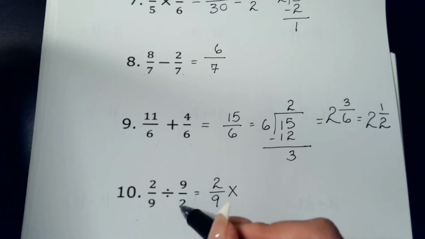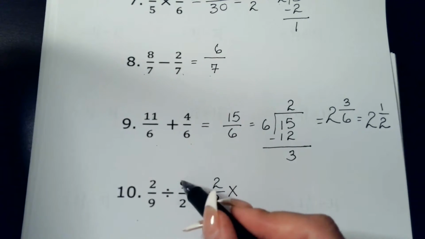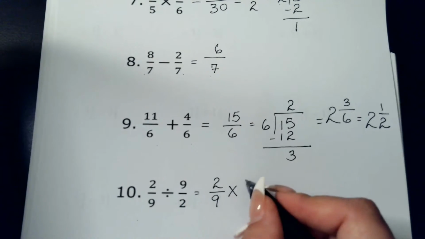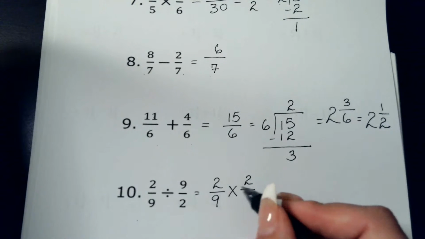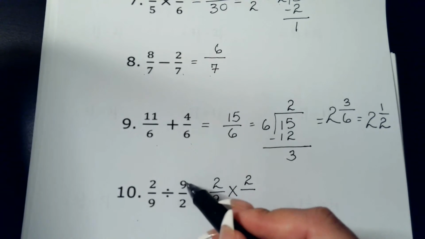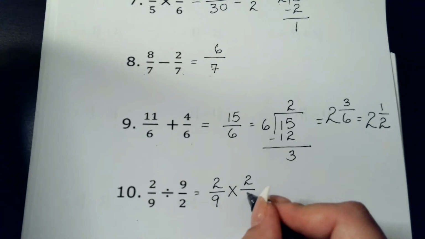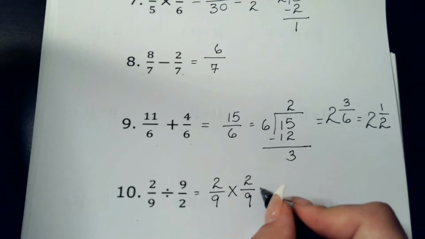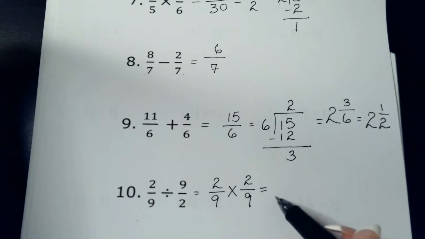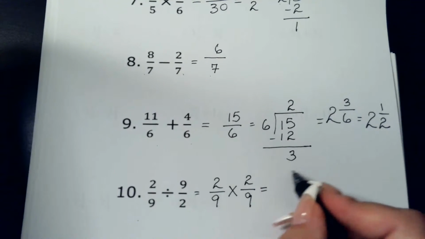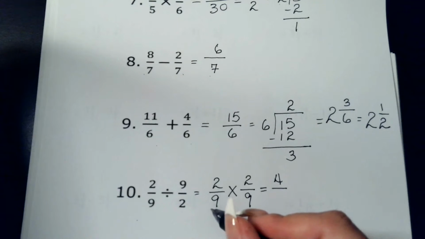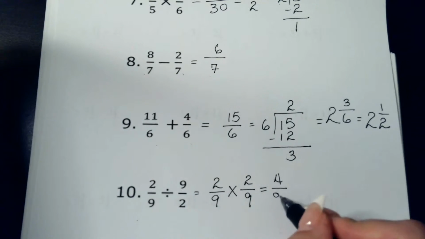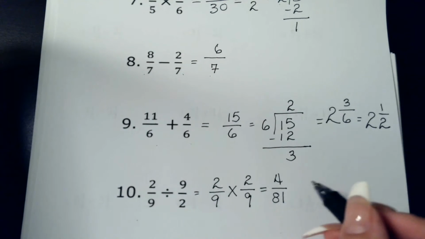That means that we have to take the reciprocal, so we flip this where 2 is the denominator here, becomes the numerator here, and the 9, that's the numerator here, becomes the denominator. Multiply straight across, numerator to numerator. We have 4, and denominator to denominator is 81.